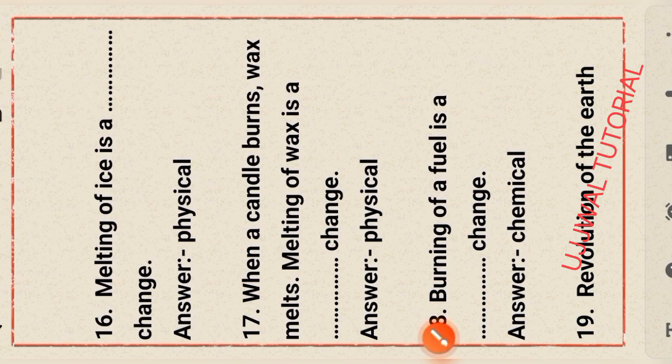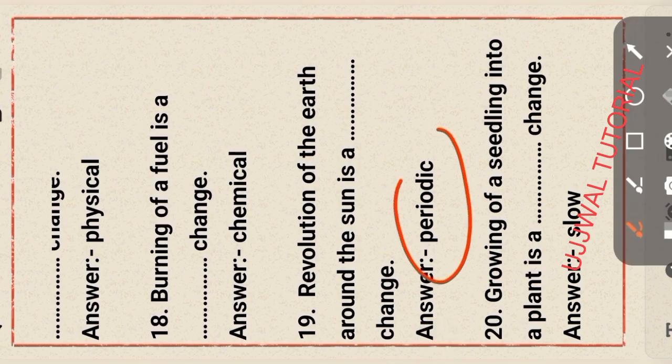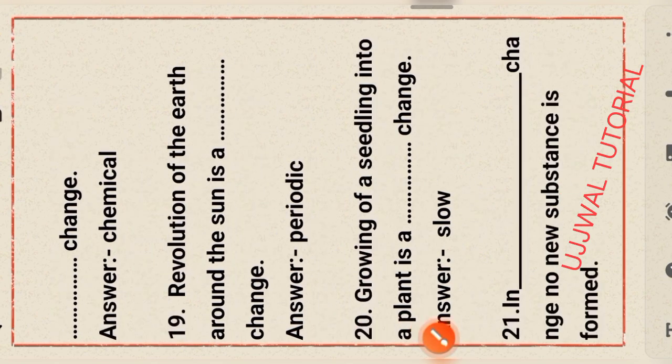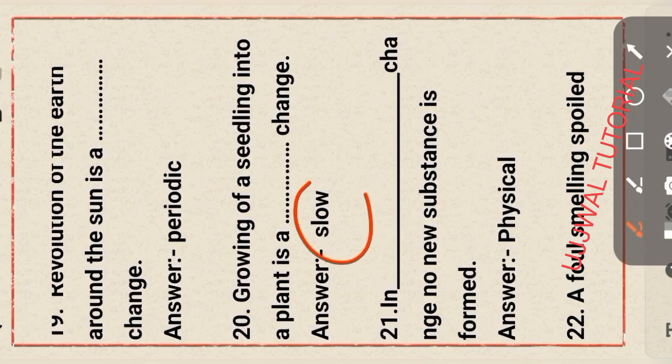Okay. Next question, revolution of the earth around the sun is a periodic change. Okay. Next question, growing of a seedling into a plant is a slow change.